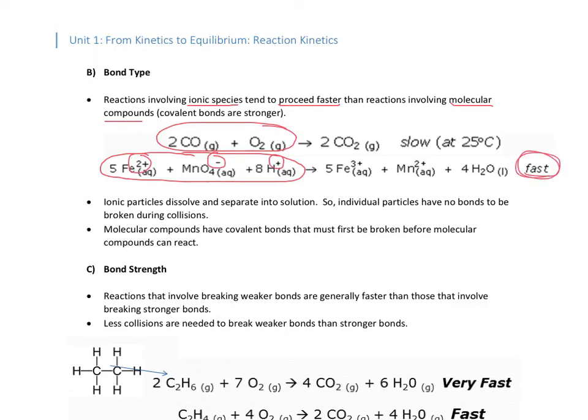This is because ionic particles dissolve and automatically separate into solution, so the individual particles have no bonds to be broken during the collision. They're already broken as soon as they were dissolved in water. Molecular compounds have covalent bonds, however, that must first be broken before the molecular compounds can react. This takes a lot more time.